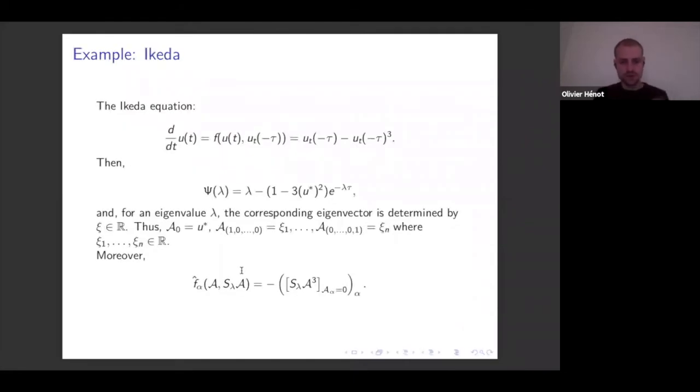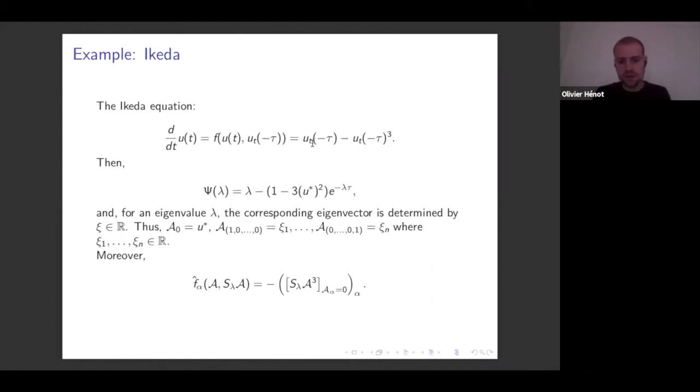So just to apply it a little bit, to see what are the ingredients that we need. If you have the Ikeda equation, you only have things that happen at minus tau. You don't have anything at present time. So if you differentiate this, you get 1, the 3 goes down, you get 3, then you evaluate at your fixed point.